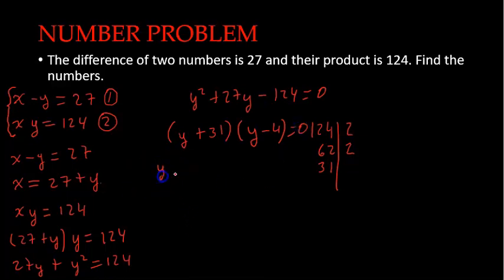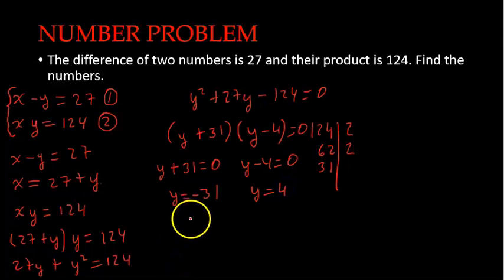Now, set each factor equal to 0. y plus 31 equals 0, y minus 4 equals 0. In the first linear equation, y is equal to negative 31, and in the second, y equals 4. If we substitute y, that is negative 31, in one of the equations, we can find the value of x, that is negative 4.